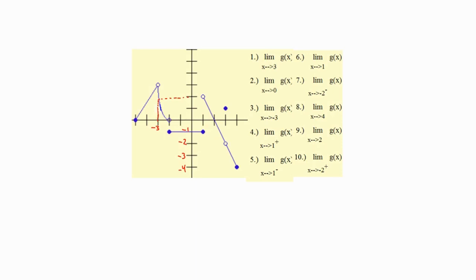So from the graph, we see that as x approaches 3 in number 1, we have -2. So that answer is -2. And number 2, if we approach 0, that would be -1. Number 3, we approach -3.